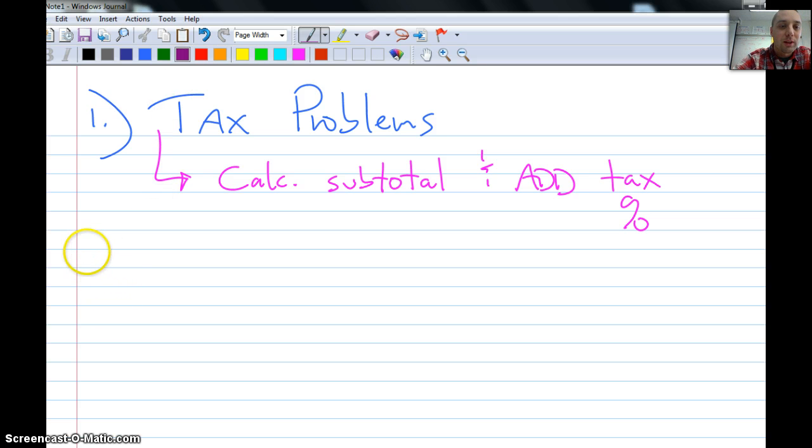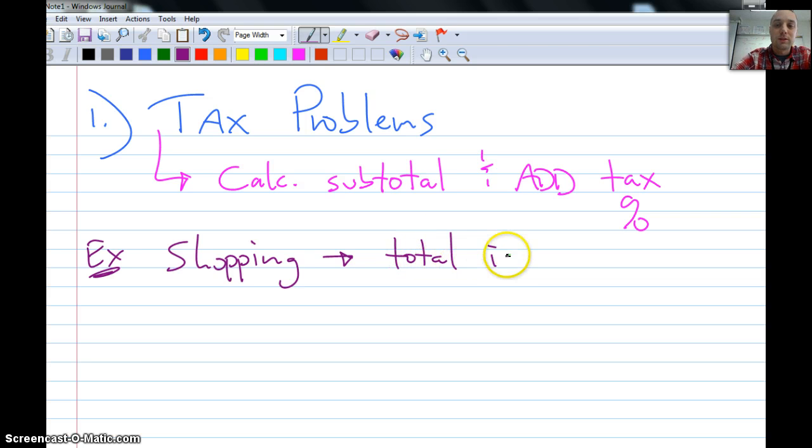So let's say that you're out shopping, and you get whatever you're getting, and your total is $56.50. And then you've got to pay tax, additionally, of 6%.